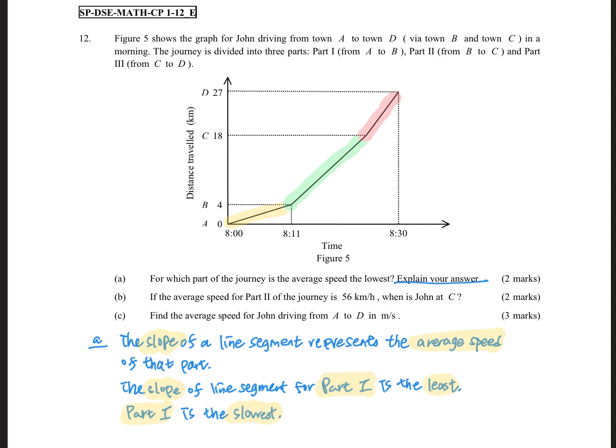If the average speed for part 2 is 56 km per hour, well that means, we're given this, that if the time is 1 hour, then the distance will be 56 km.